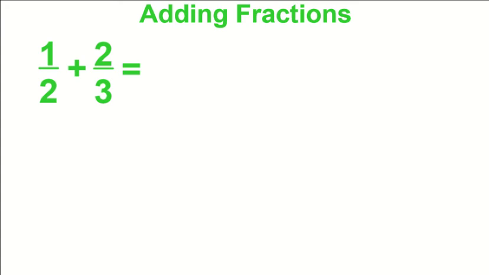If you remember how to do it, obviously keep doing it the way you've been doing it. But if you multiply the denominators, that will make a common denominator for you. It won't always be the least common denominator, but it will make a common denominator.